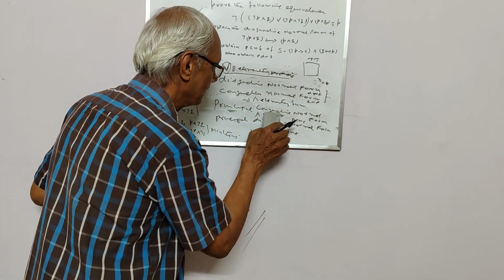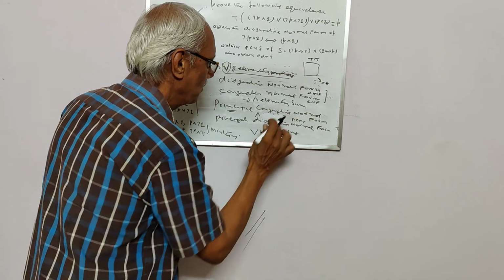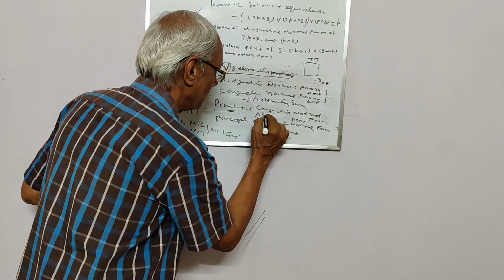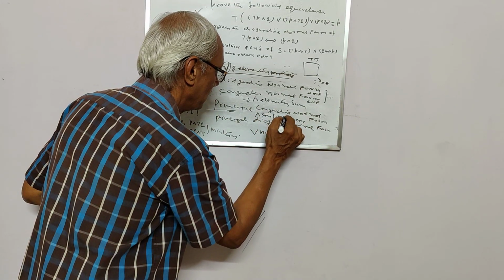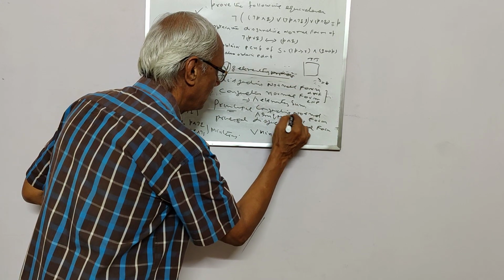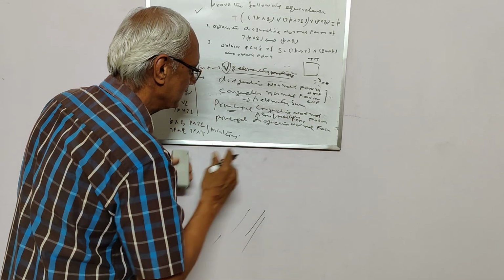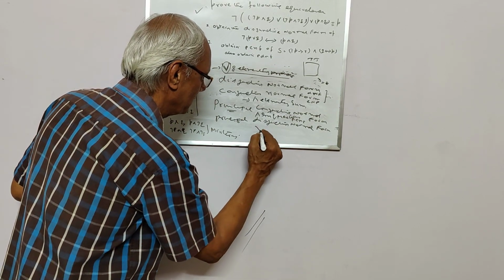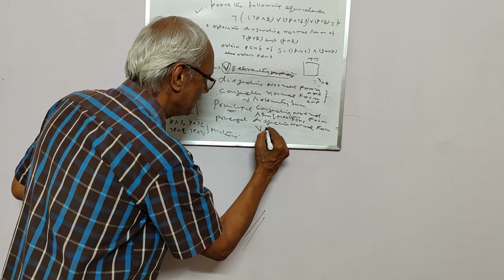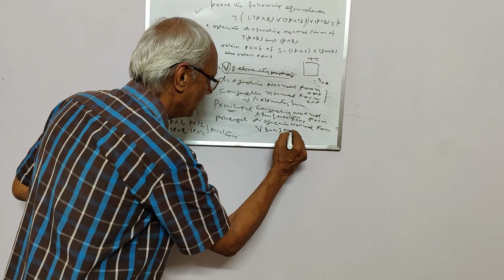You can write this: sum of max terms. And here it is min, which means disjunction. Principal disjunction means sum of min terms.